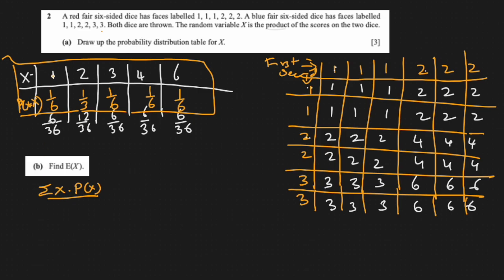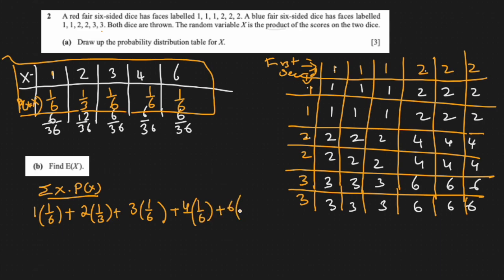So multiply 1 with 1/6, plus, because of sigma, 2 with 1/3, then 3 times 1/6, 4 times 1/6, and 6 times 1/6. Since there are 4 of them which have 1/6, we can take 1/6 common.